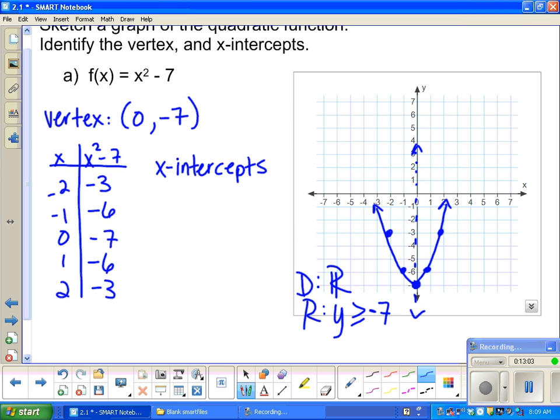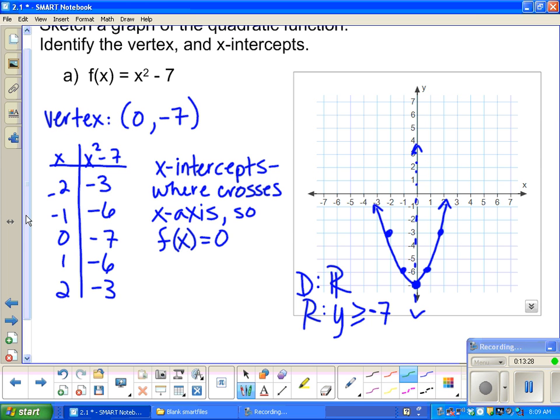Okay, now finding the x-intercepts. X-intercepts is where it crosses the x-axis. So that means f of x has to equal 0. So what I do is I solve the equation. I say 0 equals x squared minus 7.